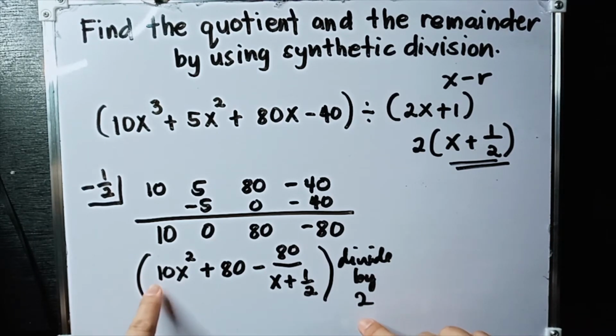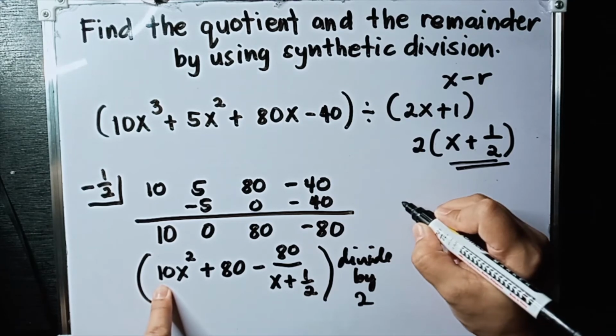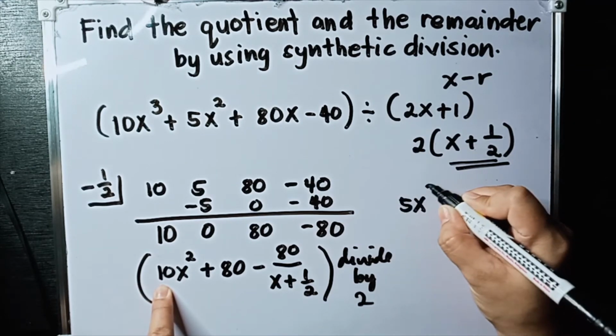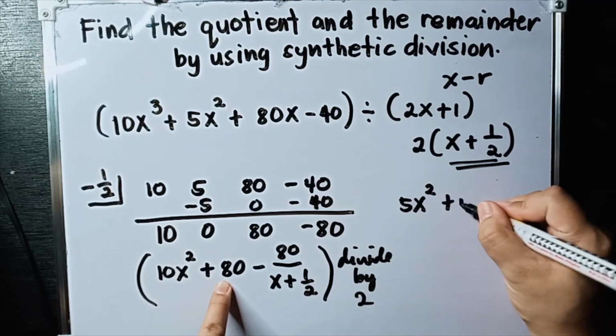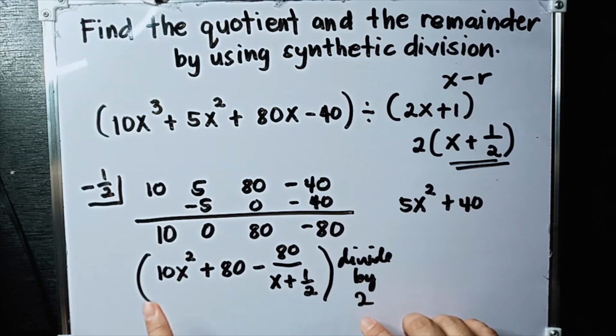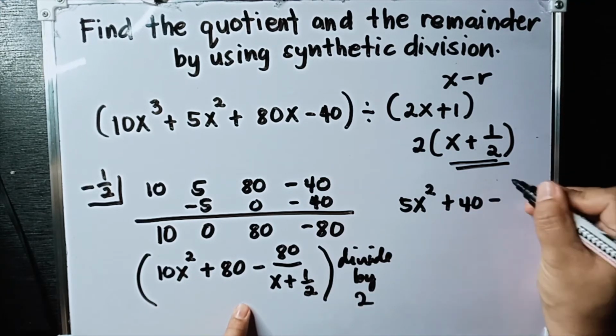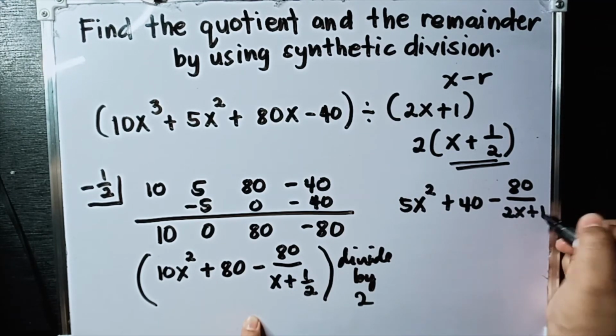If you're going to divide this expression by 2, then we have 5x squared. 80 divided by 2, we have positive 40. Negative 80 over x plus 1 half divided by 2 is negative 80 over 2x plus 1.